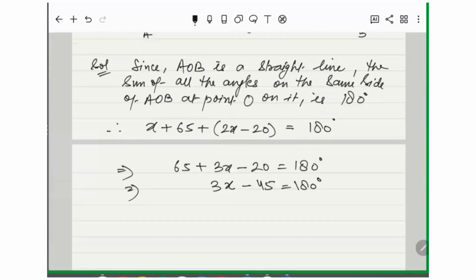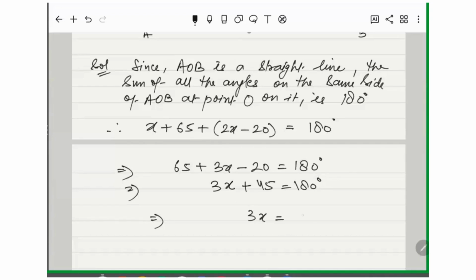So what are you getting? Solve it further. Is X 65 degrees?